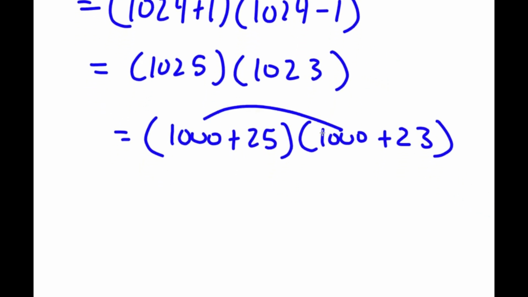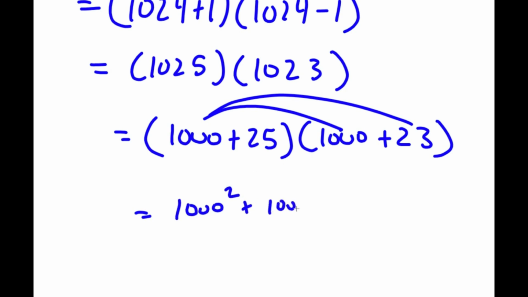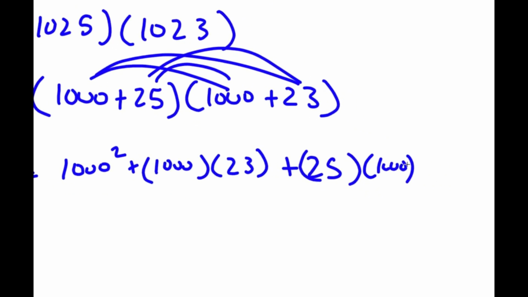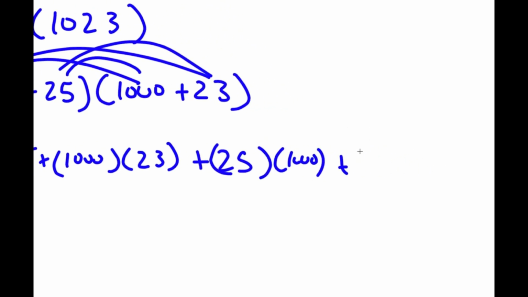Now to solve this, I'm going to distribute 1000 first. So now I have 1000 times 1000, which is 1000 squared, plus 1000 times 23, and plus now I'm going to distribute 25, 25 times 1000, finally plus 25 times 23.